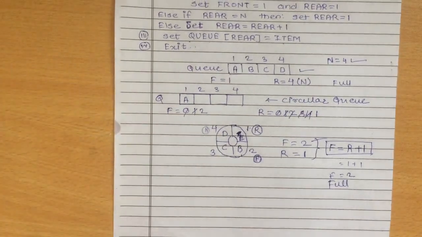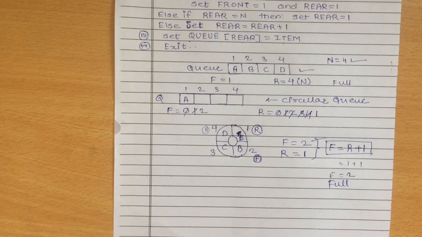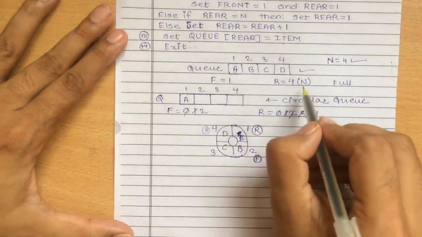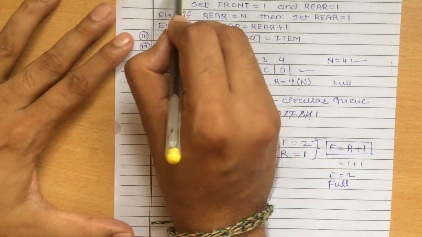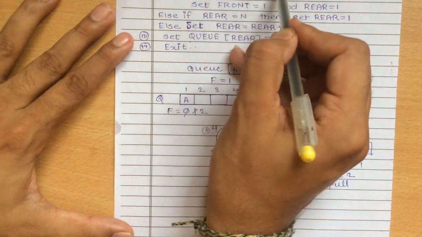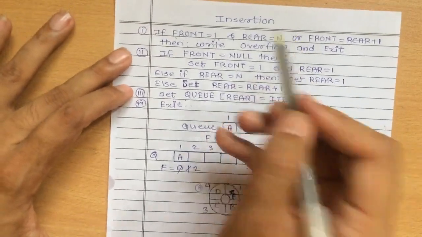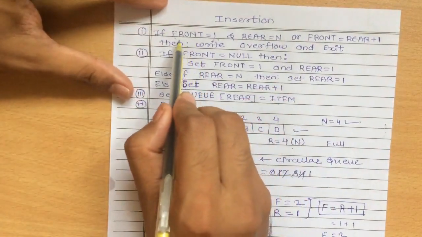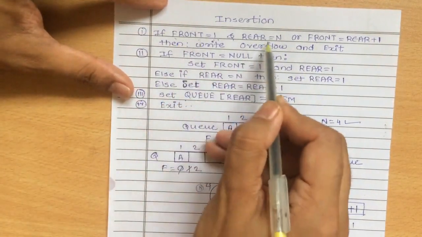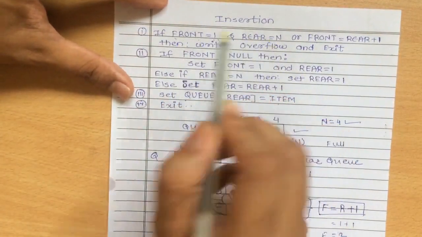So to check whether the queue is full or not, we have to check two possibilities. The first possibility is over here: if front is equal to 1 and rear is equal to n, it means that the queue is full.